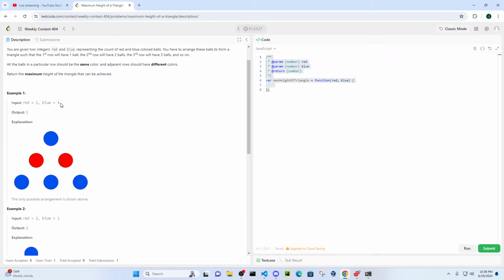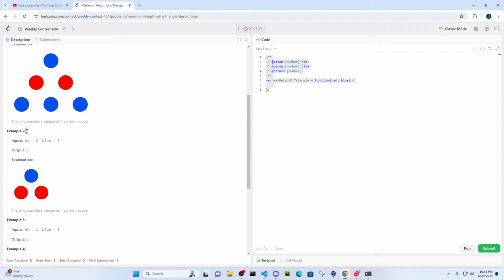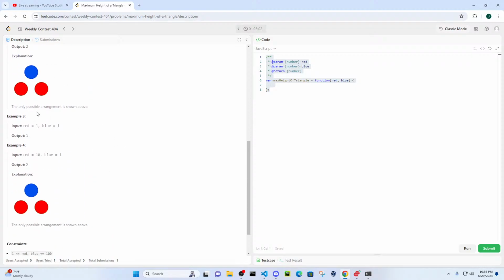Okay, so the first example, we have 4 blue, 2 red. It's always just going to be red and blue, right? Output's going to be 3. And then the second, 2 red, 1 blue, with an output of 2. The only possible arrangement is shown above.